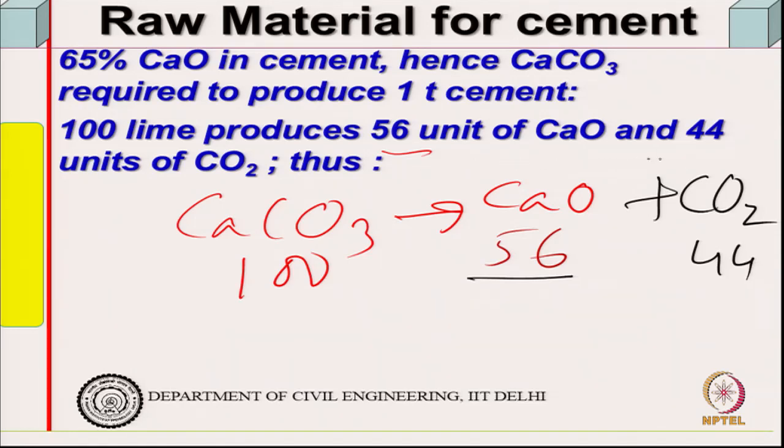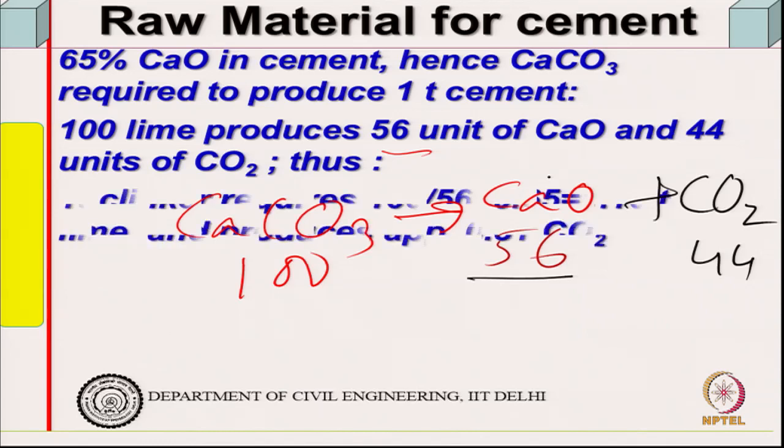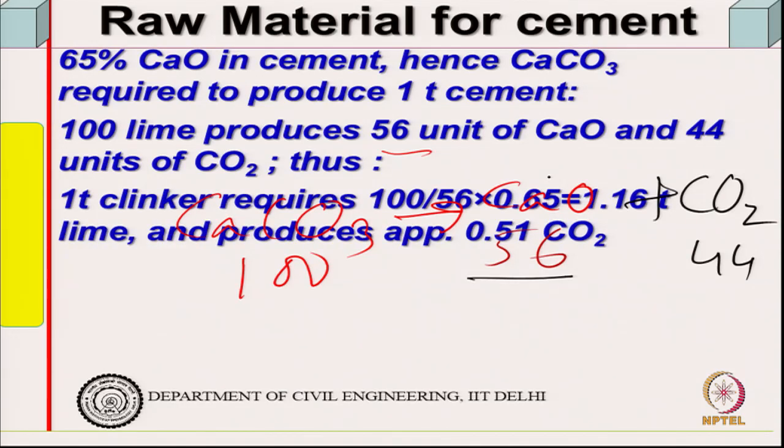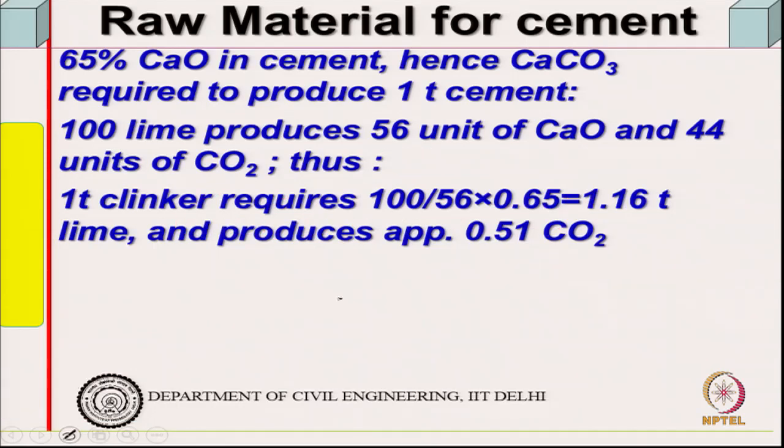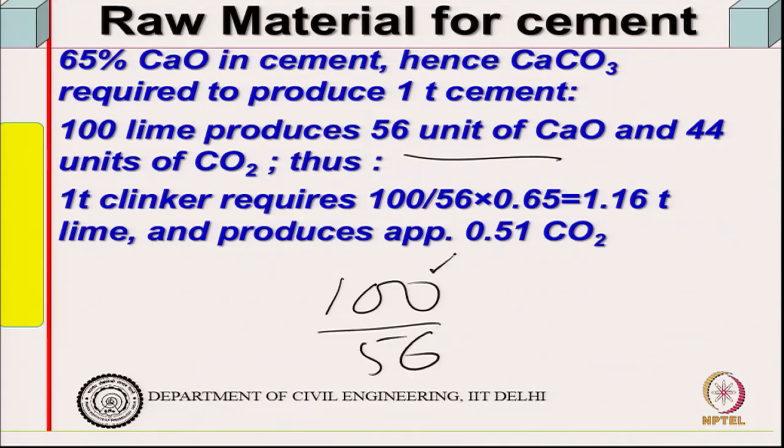So, 1 ton of clinker requires how much calcium carbonate? 56 units of calcium oxide require 100 units of calcium carbonate.